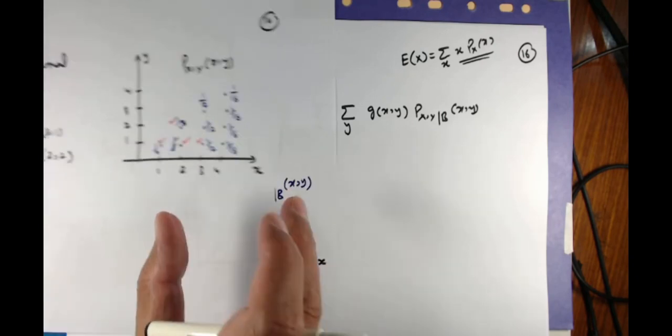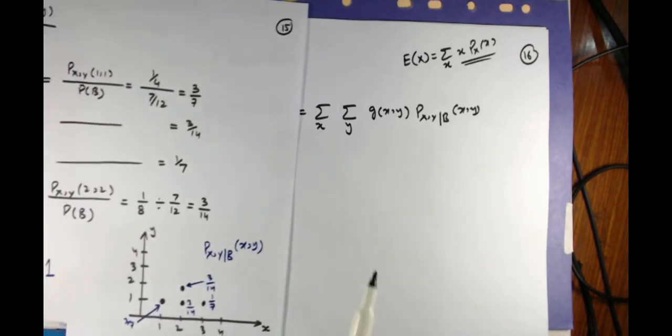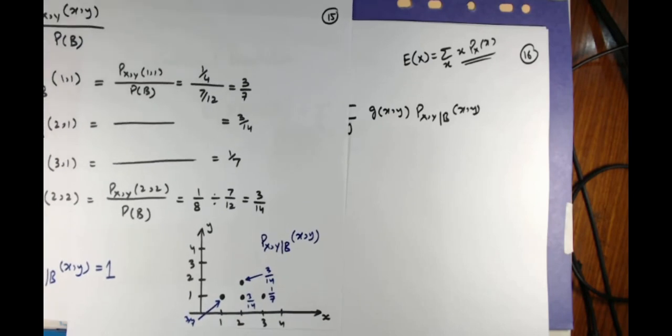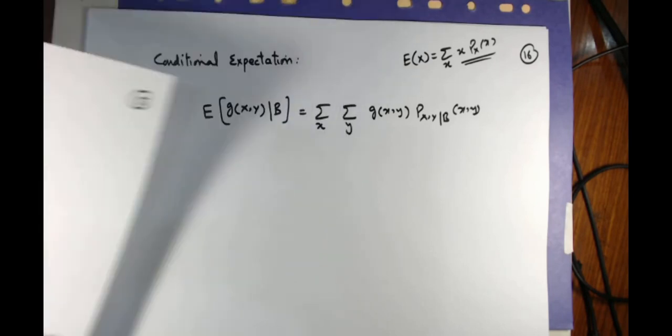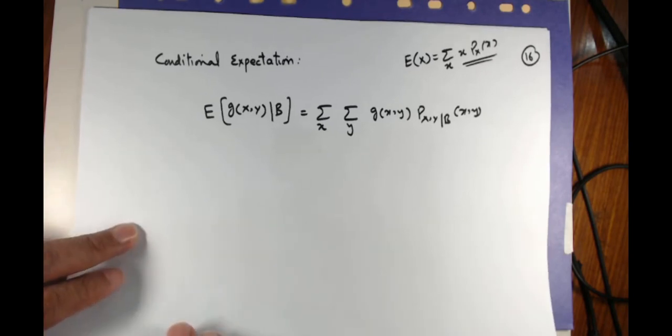But for finding the conditional expectations, something like this, you have to utilize the conditional PMFs, conditional distributions. This is very important for you guys to learn. So we have now seen a special case and have done an example around this on how to condition a joint distribution and find the conditional expectation.